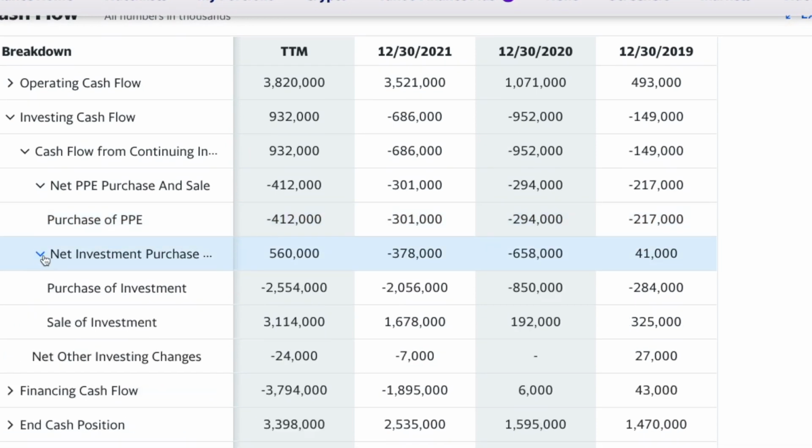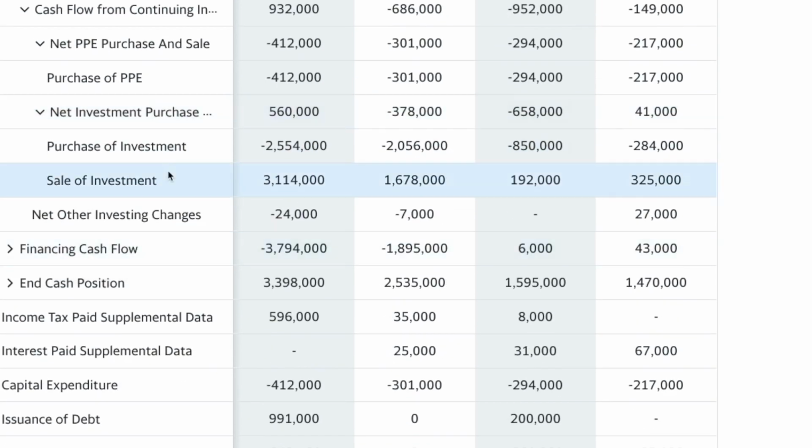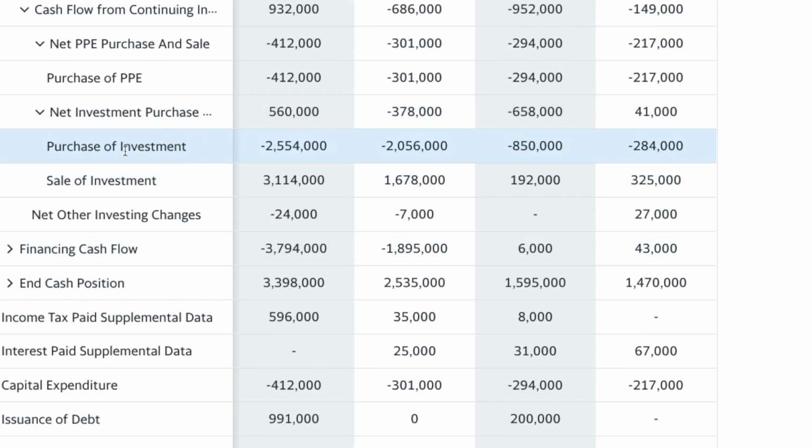Next, also very important, is the net investment purchase and sale, which shows how much cash they have generated from their investments. We see here that they have generated a positive $560 million from their investments.